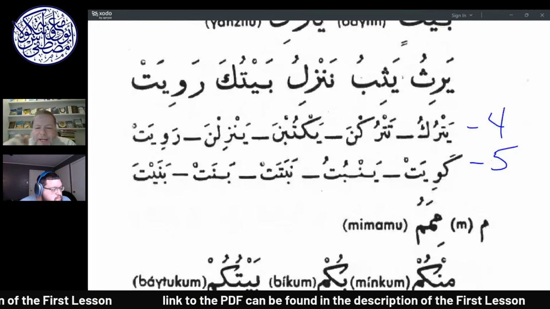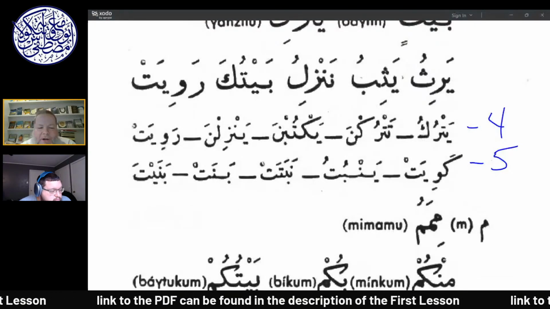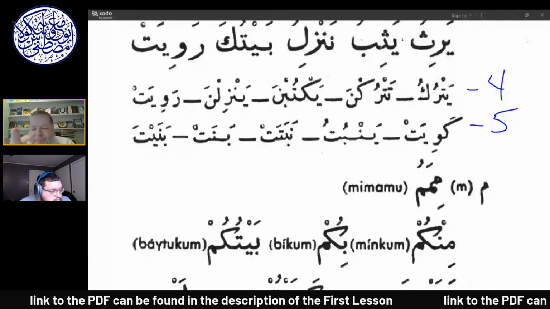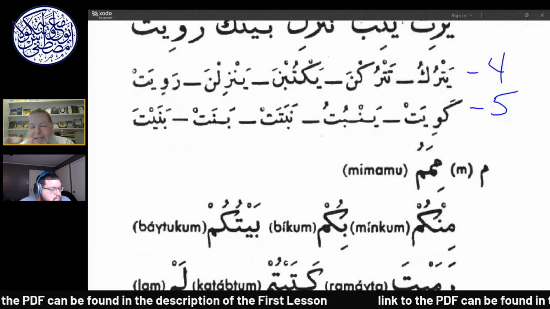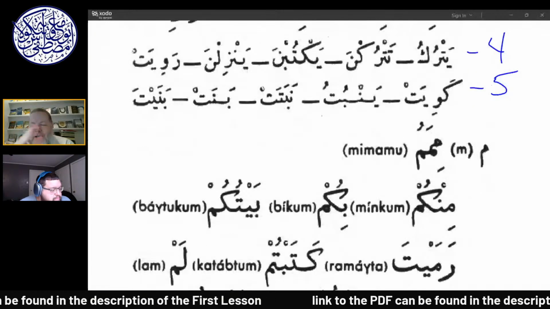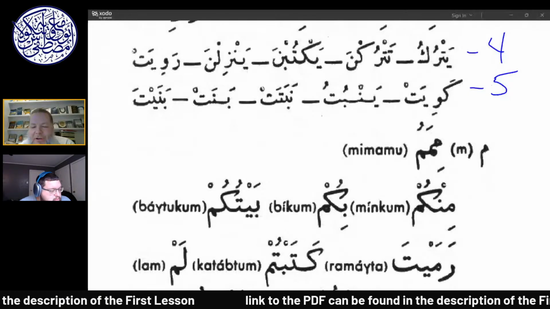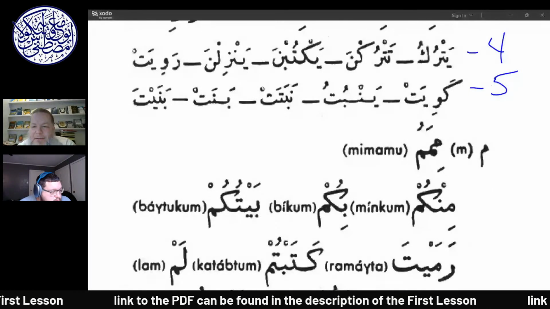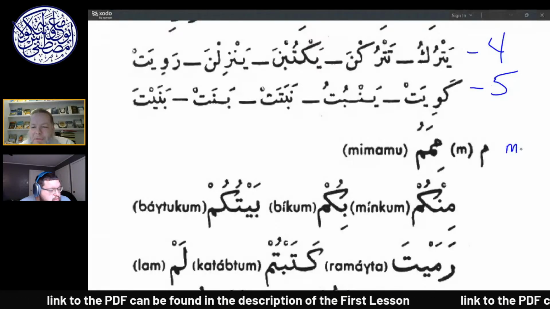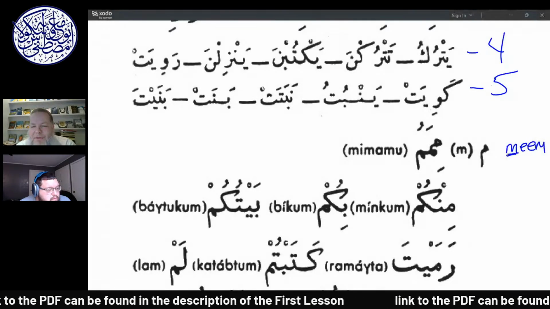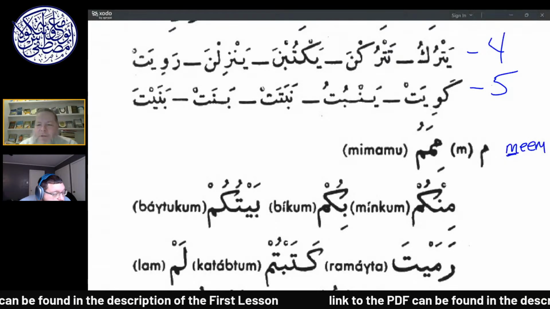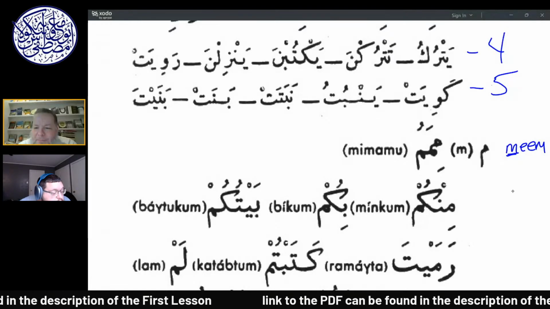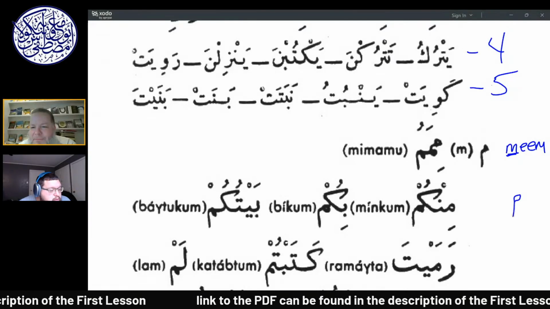Our third letter, and really, this is the only consonant they're going to introduce here, but they are going to introduce the fourth letter for the long vowel. So we'll say it. But this letter is called the meme. Meme, and it makes the sound. When it's by itself, it looks like basically a circle with a tail.